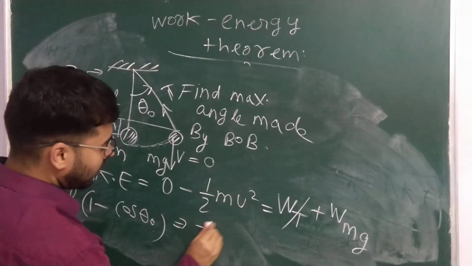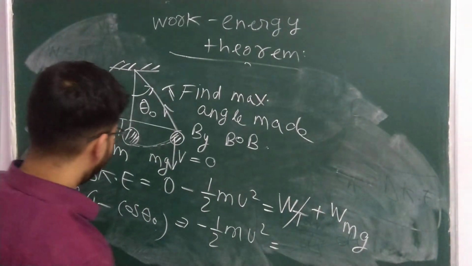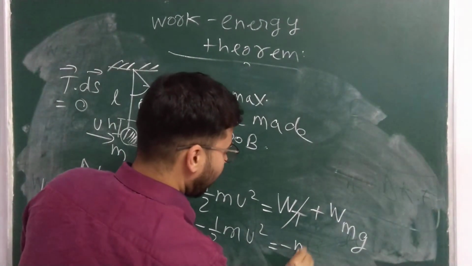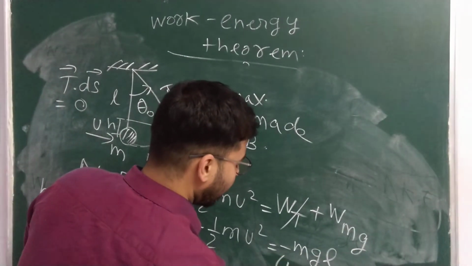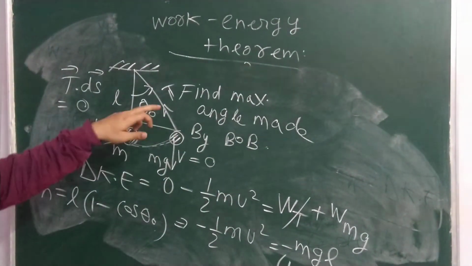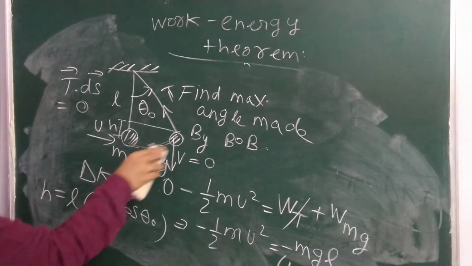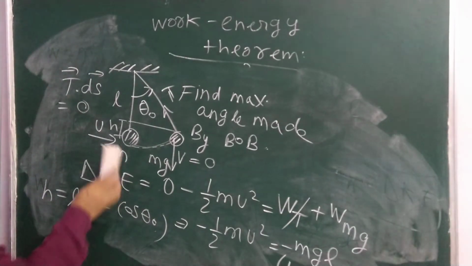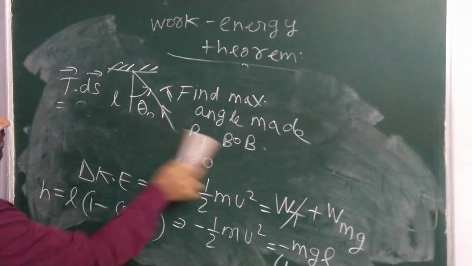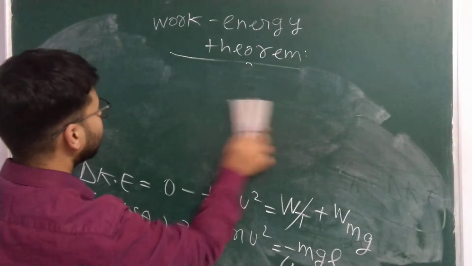So this comes out to be minus half mu square is equal to minus mgL into 1 minus cos of theta naught. Minus because it is moving in the upward direction. Okay, the weight vector is acting downward, displacement is in this direction. Okay, the angle will be obtuse, therefore the work is going to be negative by the weight.